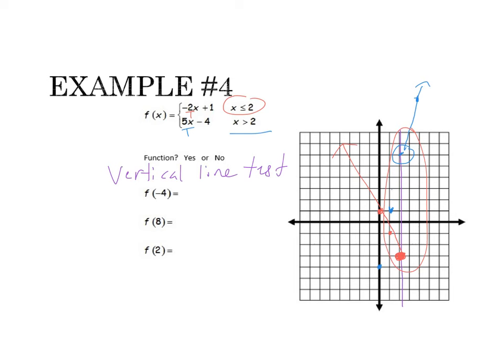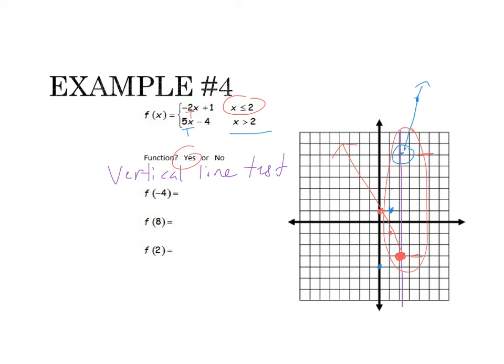But because one of them's a closed circle, that point's included, while this open circle is not included, so technically I only have 1 point on a line there. Everywhere else it would only cross the graph once, so since it passes the vertical line test, yes, it is a function.